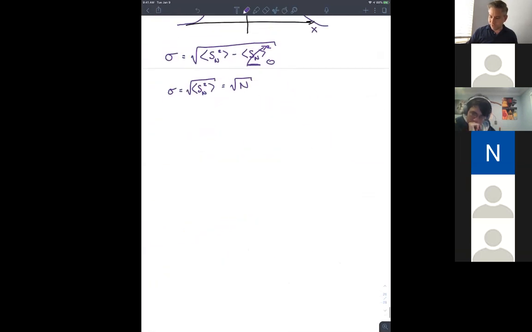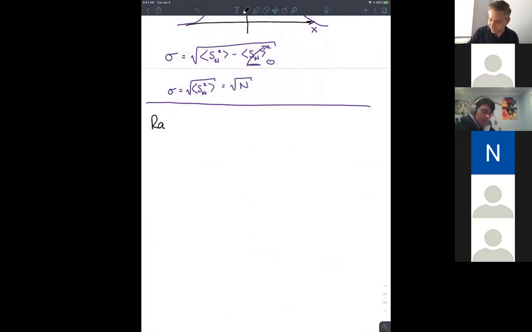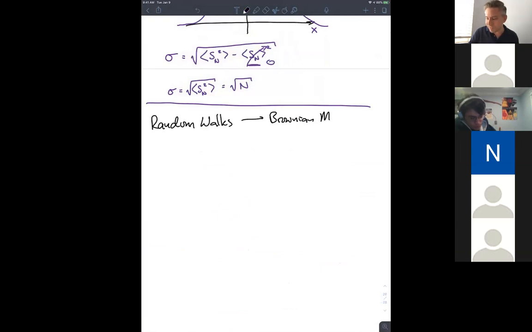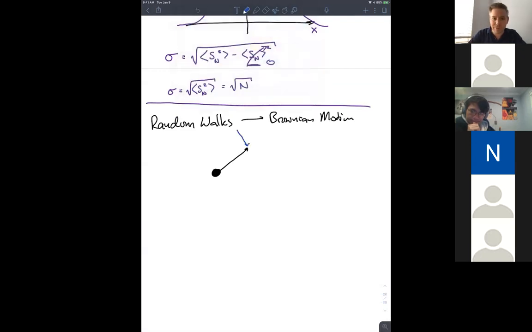Okay, and so now what we're going to do is make this connection between random walks. A random walk is going to be our model of how Brownian motion behaves. So the idea is that we have our solute molecule, and it's traveling in some direction, and then it collides with a solvent molecule.